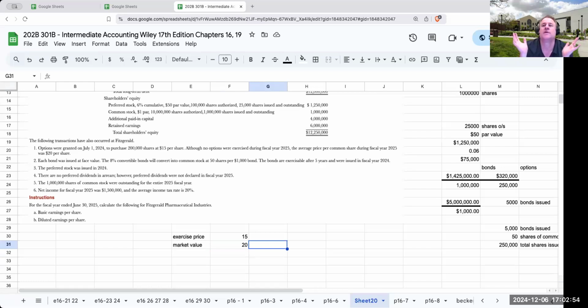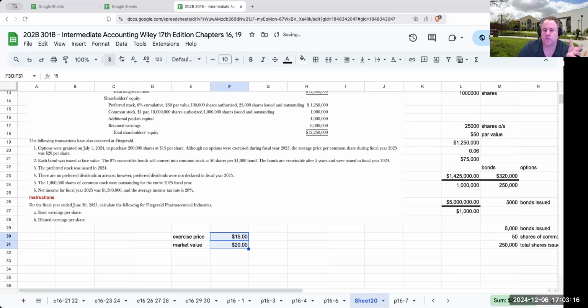The answer is yes. However, what we're going to try to figure out is, what if we did something called a cashless exercise? Meaning, what if we did not use cash to figure out what these things were actually worth?